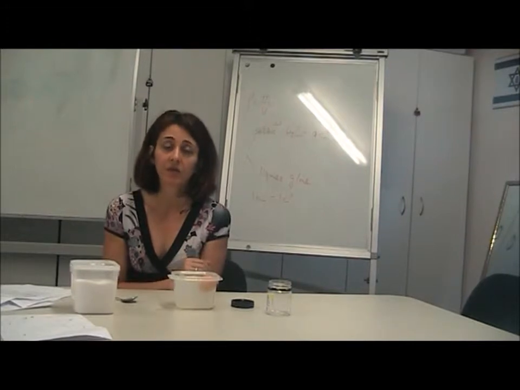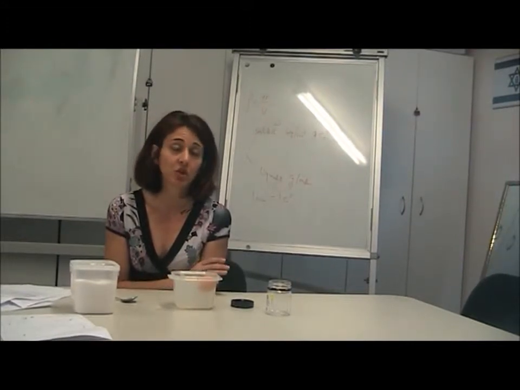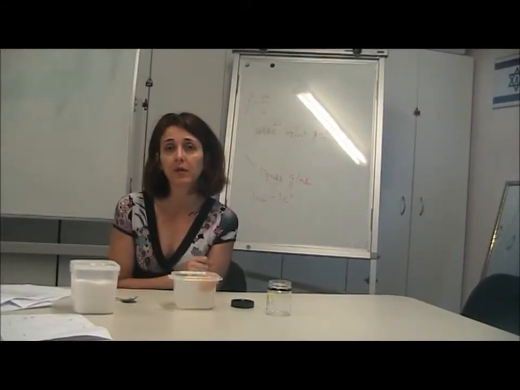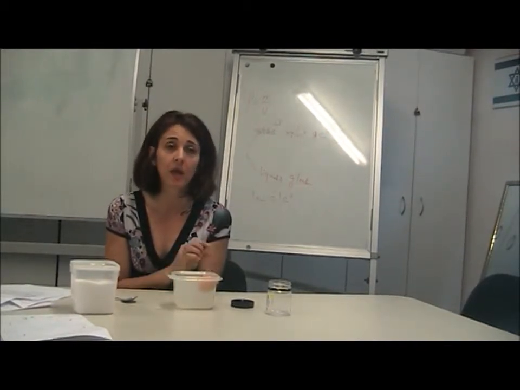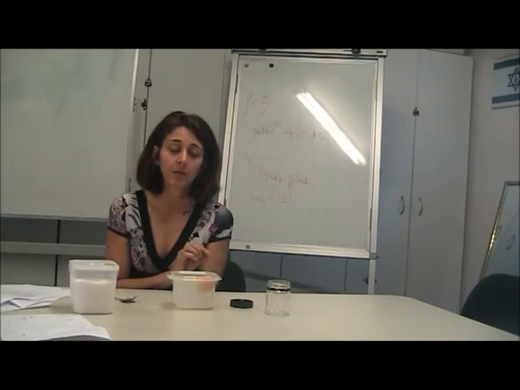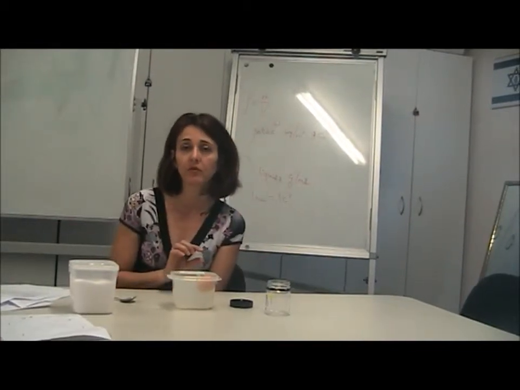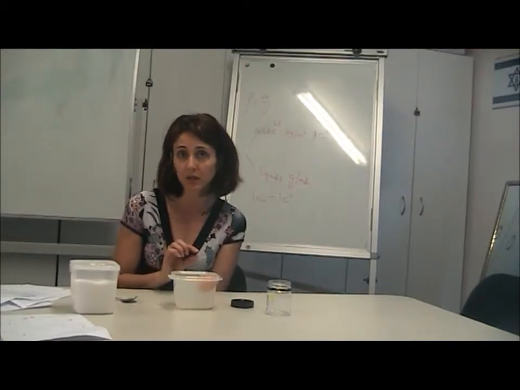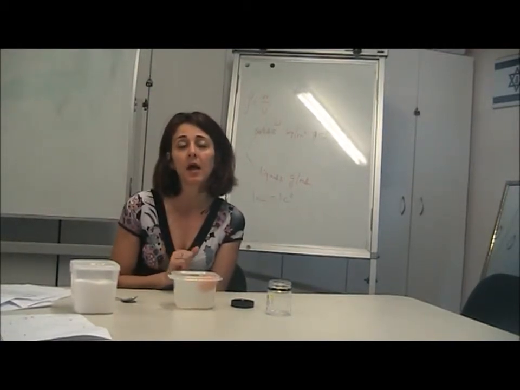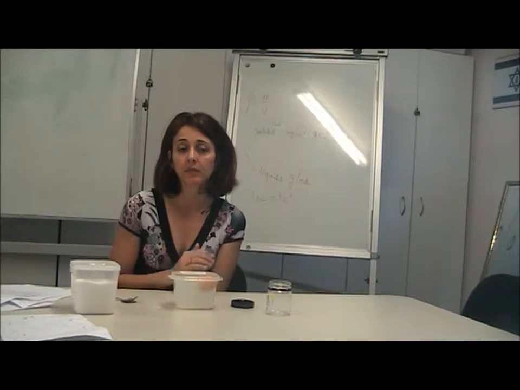It would have a certain density which is much lower than if we were to compress the same sand in the same container. What happened when we compressed? We had the same amount of sand in a smaller volume. So we changed the volume, we lowered it, hence the density became higher.